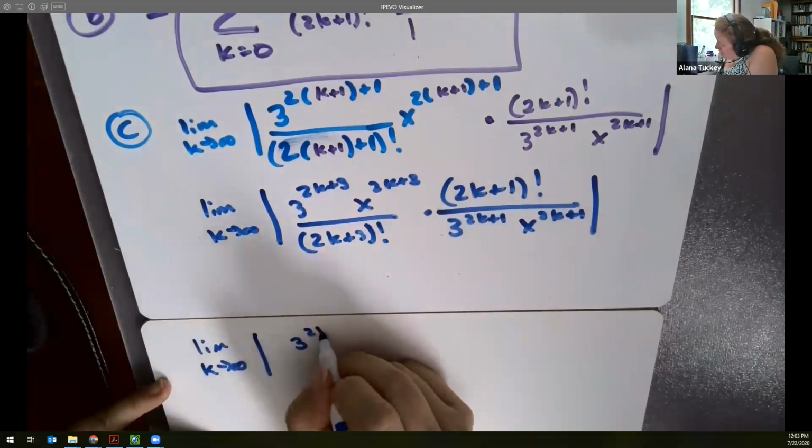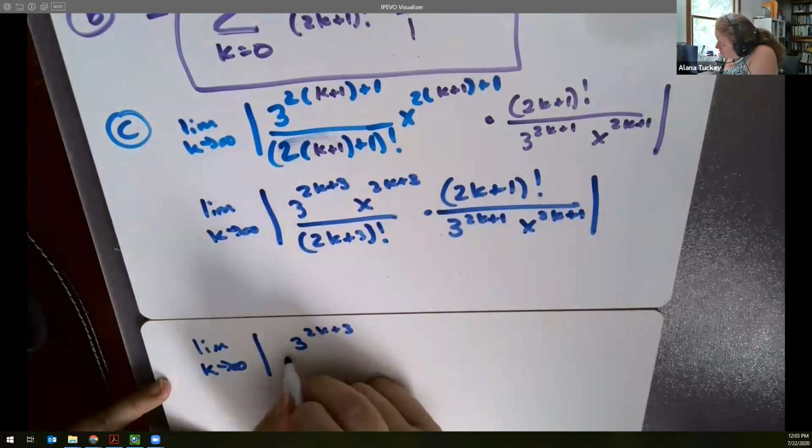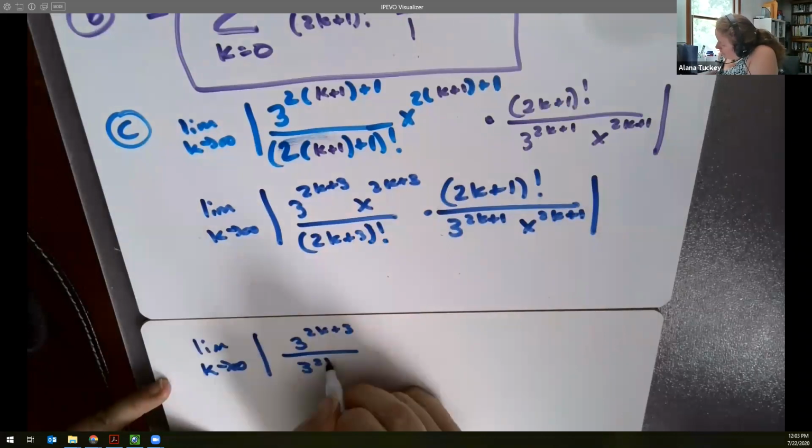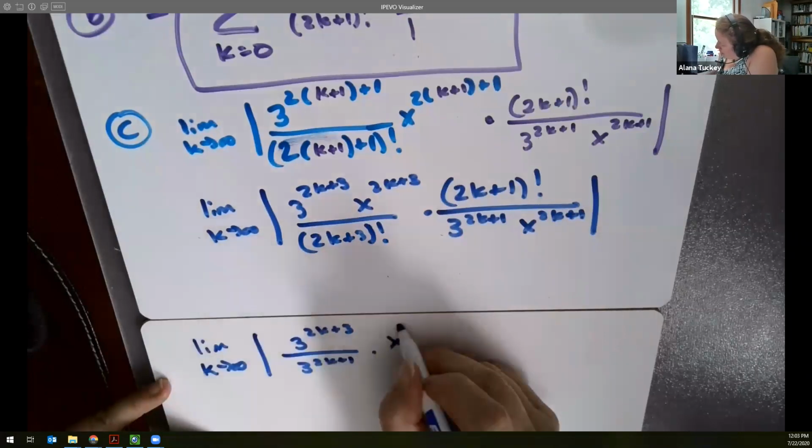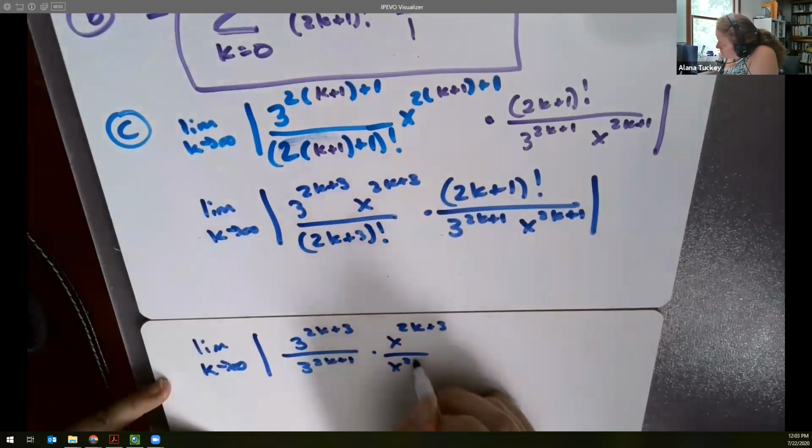2k plus 3, 3 to the 2k plus 1, x to the 2k plus 3, x to the 2k plus 1.